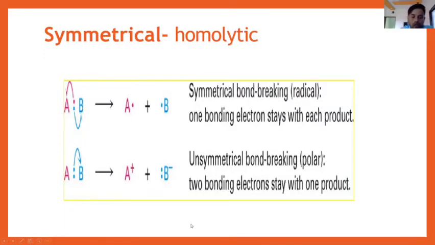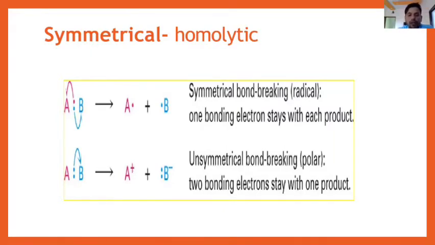Now for comparison, I have taken another example. This is a heterolytic cleavage. Here what happened? Both the electrons are on one atom. So this B has both the electrons, so it is negatively charged, and this A doesn't have any, so it has a positive charge.